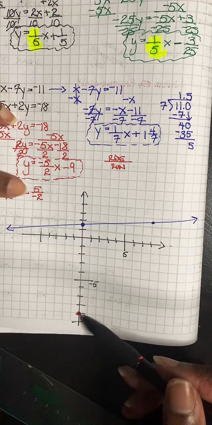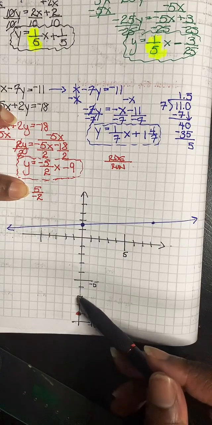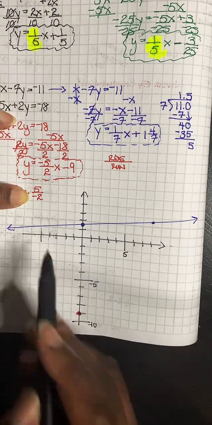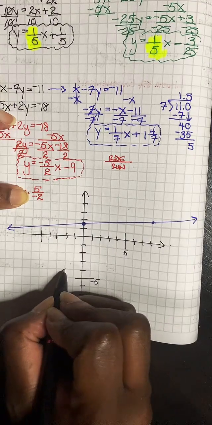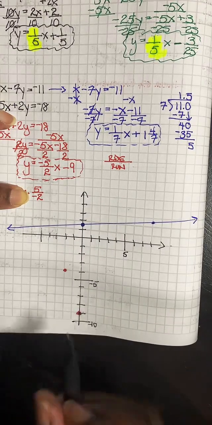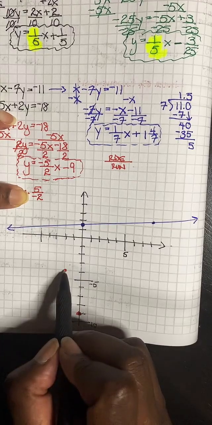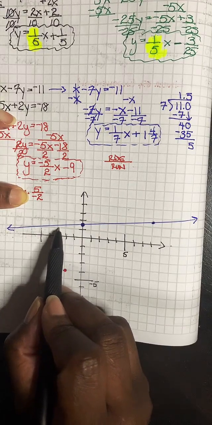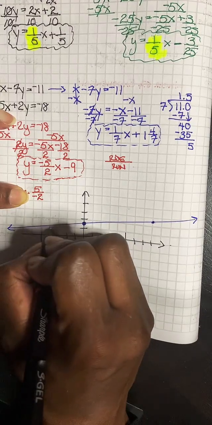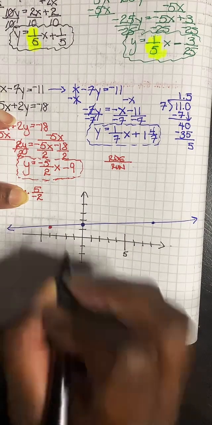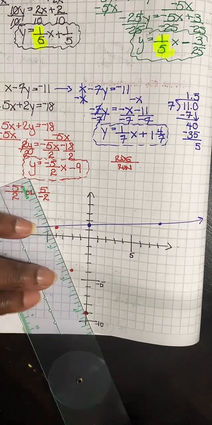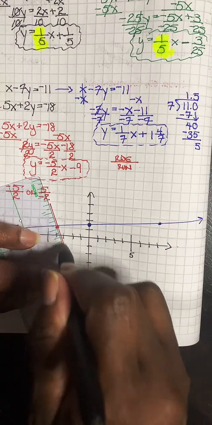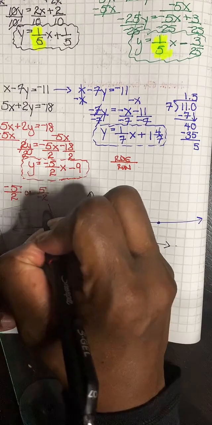So that means I can go up 5, 1, 2, 3, 4, 5, but go to the left 2, 1, 2. Okay? So if I wanted to go up 5, 1, 2, 3, 4, 5, and go over 1, 2. And this will be the graph representation of your second equation.